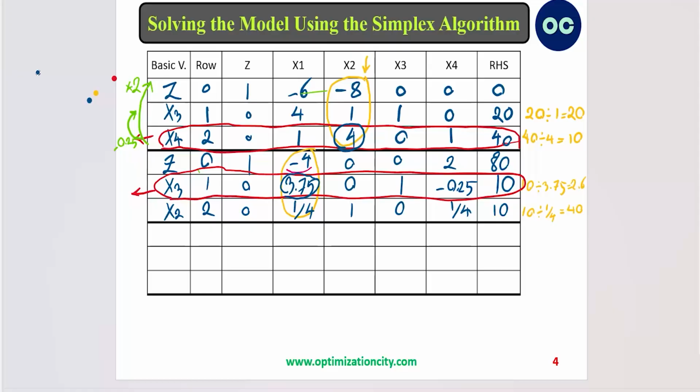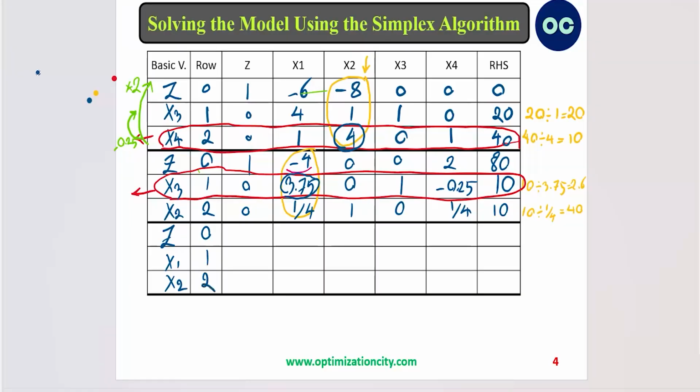Again, we update the table. Make the pivot element in row number 1 equal to 1, divided by 3.75. So z, x1, x2.